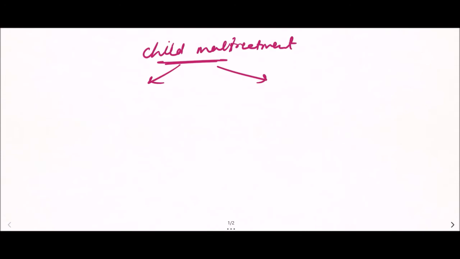So guys, broadly child abuse is defined under an umbrella term that is known as child maltreatment. Child maltreatment is further divided into two categories. If there is an act of commission, the parents or the caregivers are actively involved in child maltreatment, then this is known as child abuse.